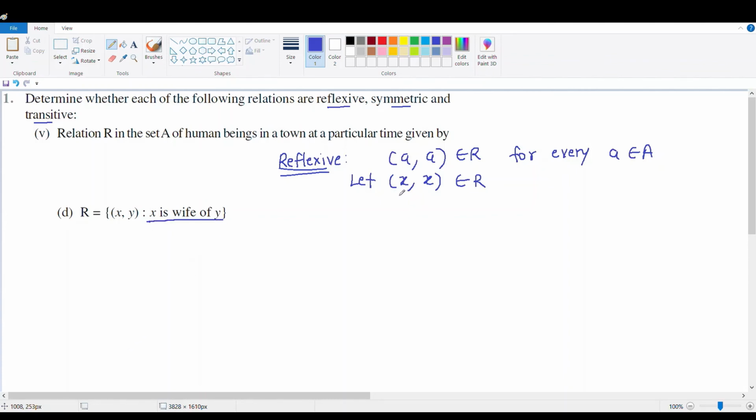So if (x, x) belongs to R, that implies that x is wife of x. It's not going to happen. So we are going to write it's not true. So it is not reflexive.